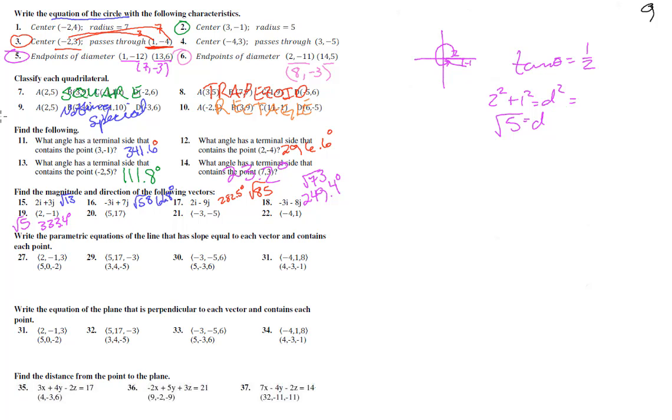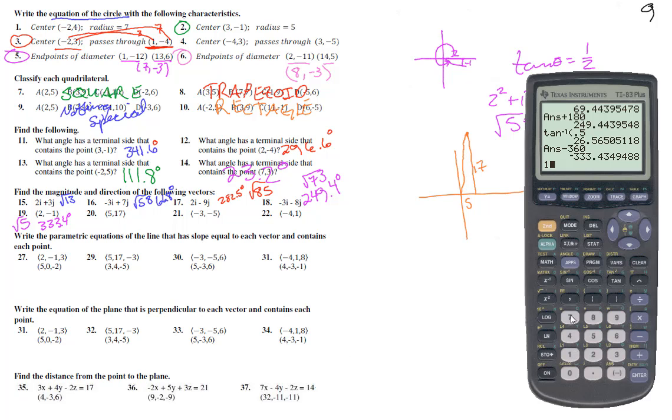Good. Number 20, we have 5, 17. So we're at 5, 17, right up there. Wow, almost 90 degrees there. So let's do inverse tangent. Tangent of theta, opposite over adjacent. So we take 17 divided by 5 and the inverse tangent of that. We get 73.6.